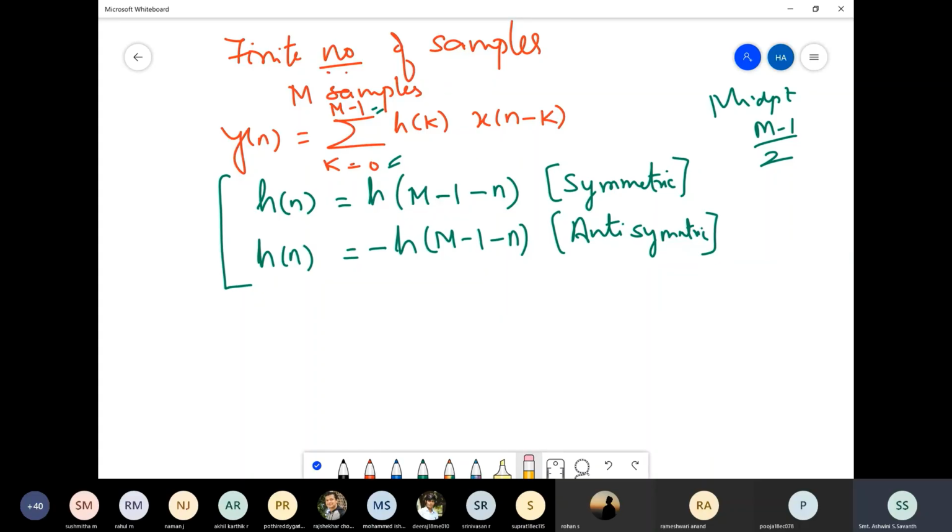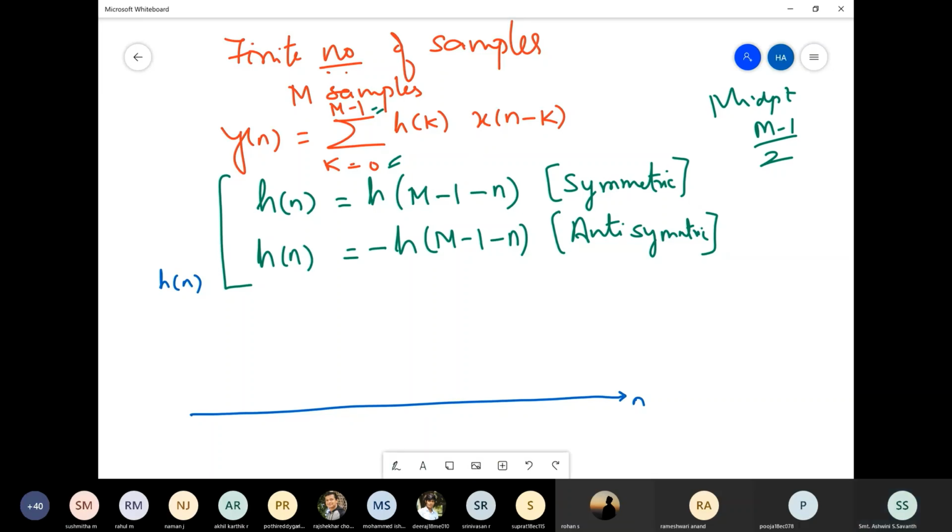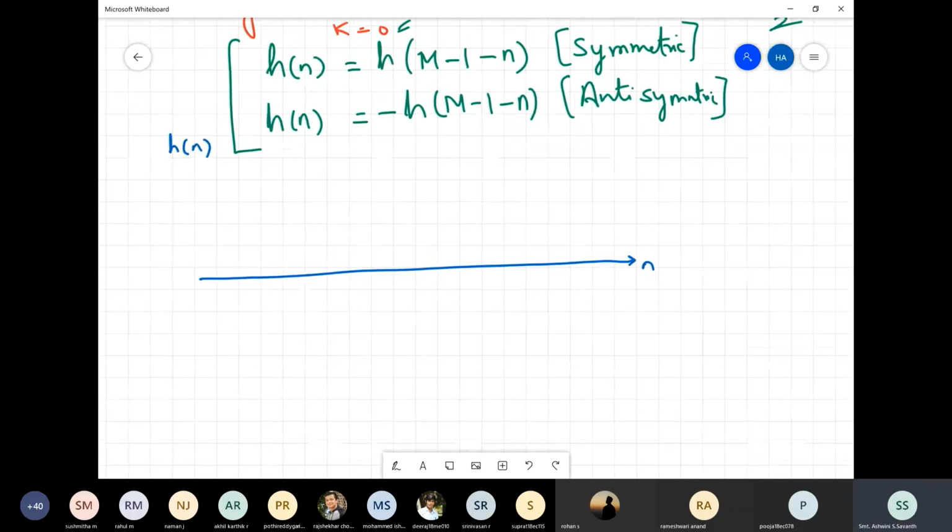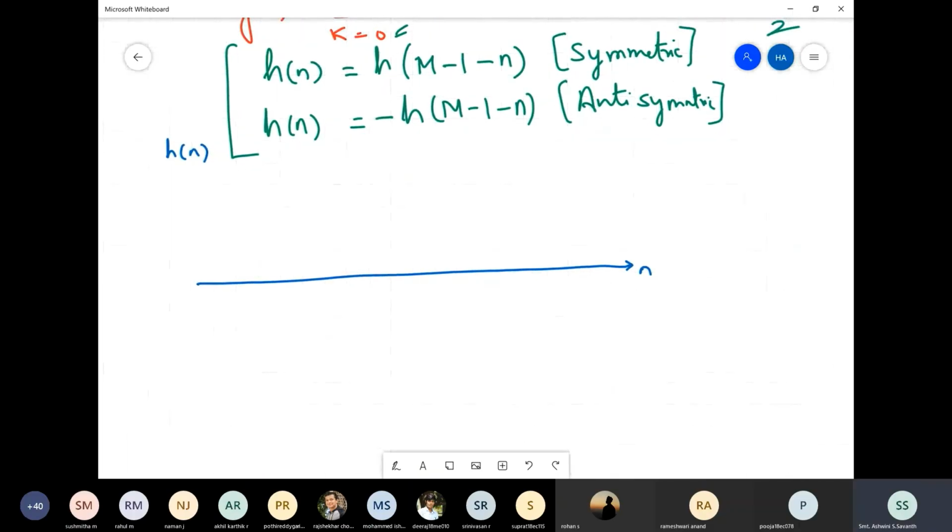So how will this signal look? I am trying to draw h of n for the symmetric case. Anti-symmetric, of course, the same thing holds good, so first let's discuss symmetry. It has M samples in it, and your value of M can be odd or even.